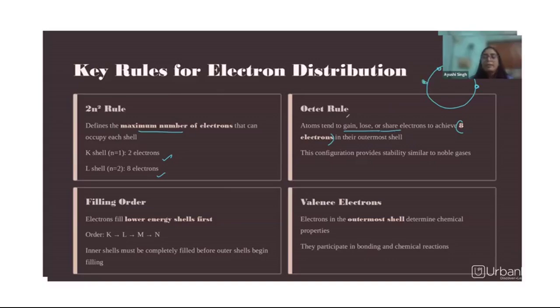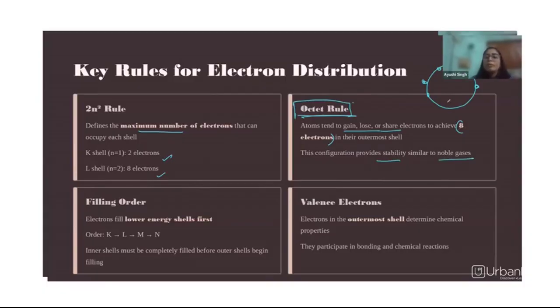Once they do that, they are stable, and that's why they make bonds. So for making bonds, the octet rule is there, and because of this only, bonds are made. This configuration provides stability, similar to noble gases, to every other element.